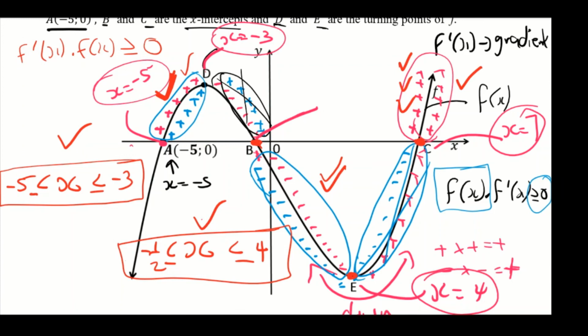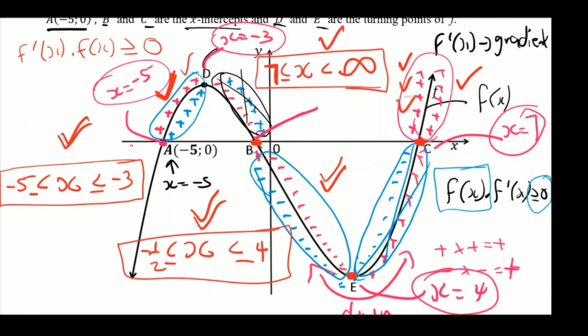So when x is between 7, so I'm going to write 7 here. We're not going to say it equals to, because we don't know the infinity. So up to infinity, that's where you get the situation where you multiply the gradient and the y values and it gives you a positive solution or equal to 0. So you can write either of the three solutions of x, you would be correct, right?